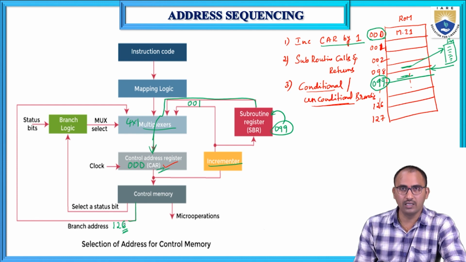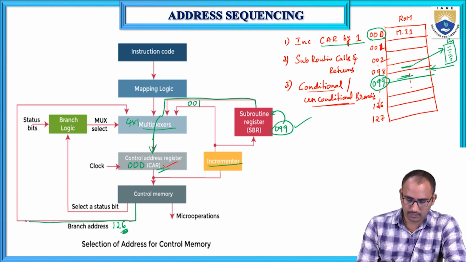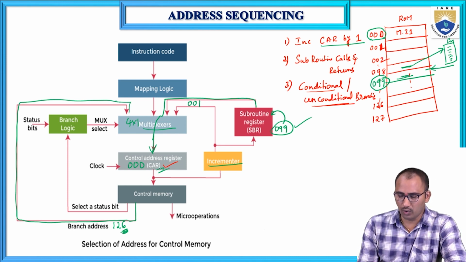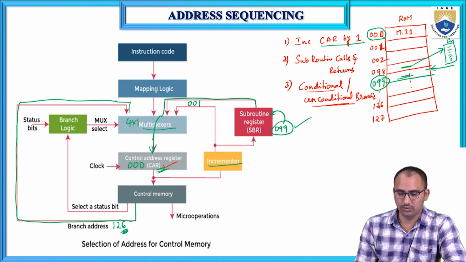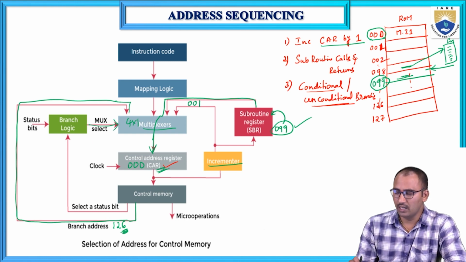It is unconditional, so we are not checking any condition. Directly the program control is transferred to location 126. Previously the program control was at 099, but now we are transferring to a new address, 126. This 126 is given to the multiplexer, and through the multiplexer it is loaded into the control address register based on the selection lines. That is unconditional.